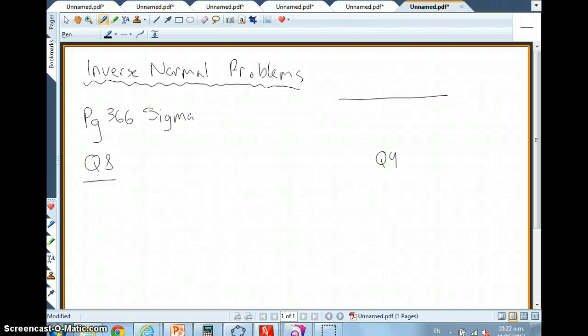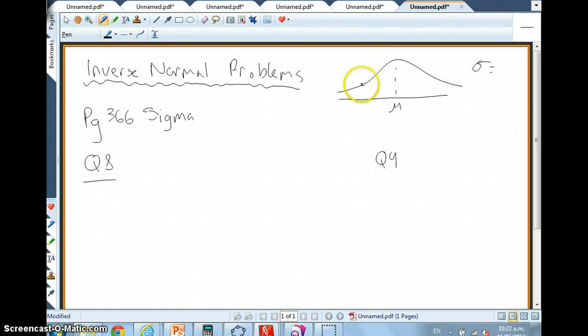Okay, we're going to talk now about inverse normal problems. Effectively, we're undoing the problem that we've been doing. Up until now, you've been told a mean, you've been told a standard deviation, and you've been asked to work out a probability.